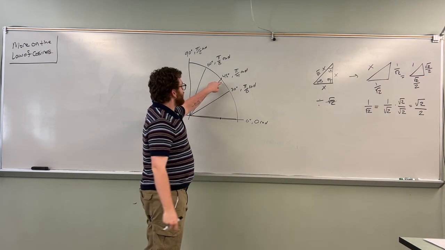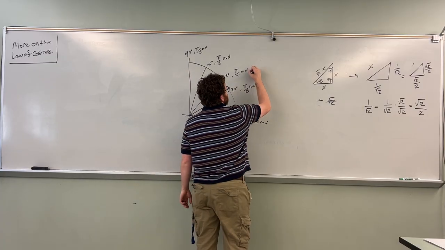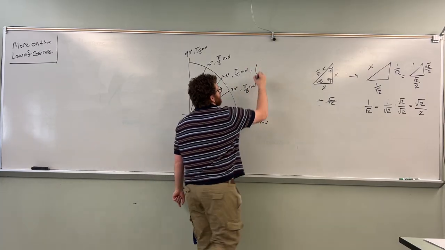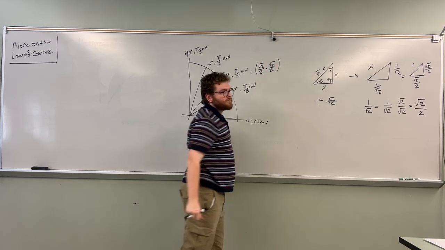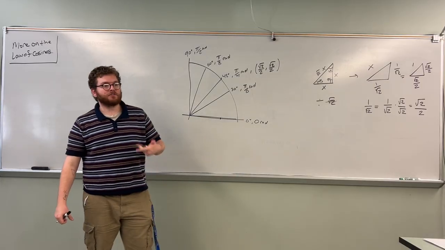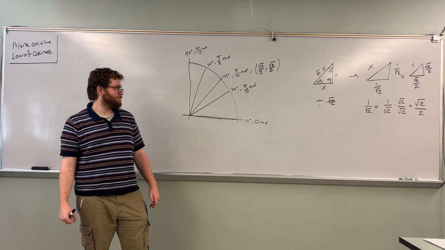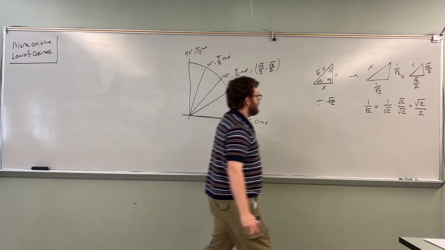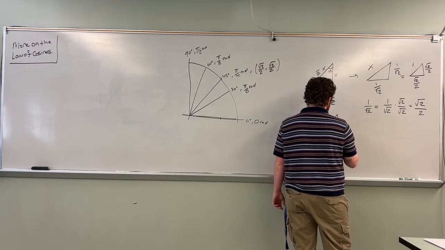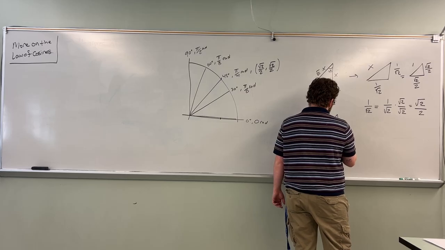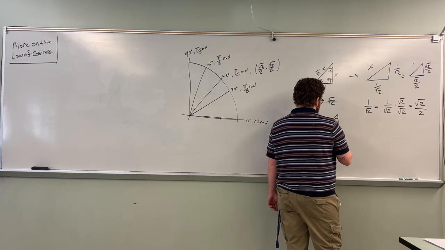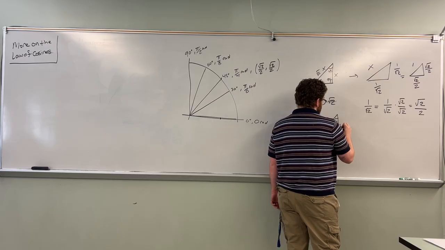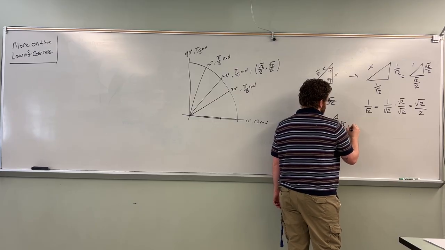Which means that if I think about this in terms of coordinates, its x value is root 2 over 2, and its y value is root 2 over 2. That means I can get the sine, cosine, and tangent values all right there. Another one that we had was our 60, 30, 90 triangle. We said that if this was x, this was 2x, this is the square root of 3 times x.